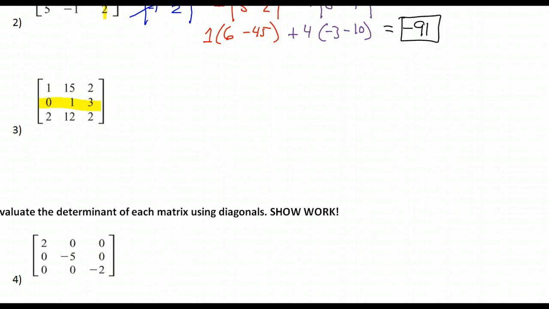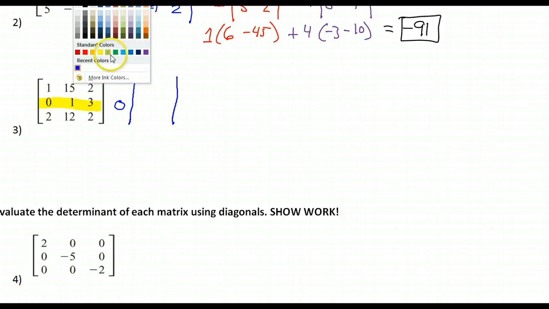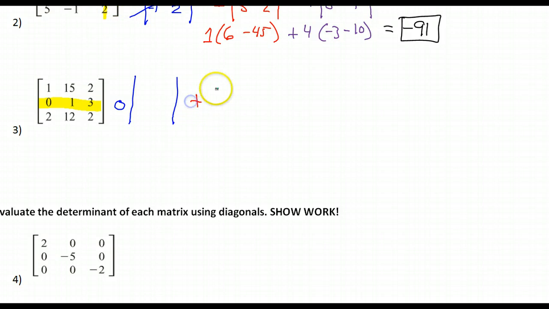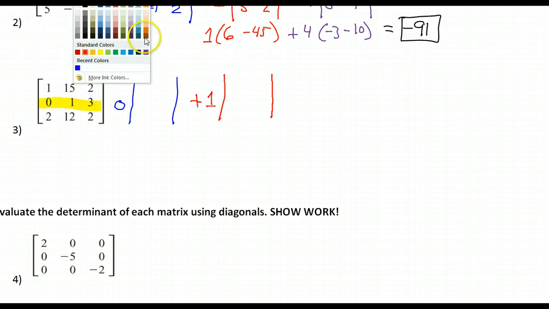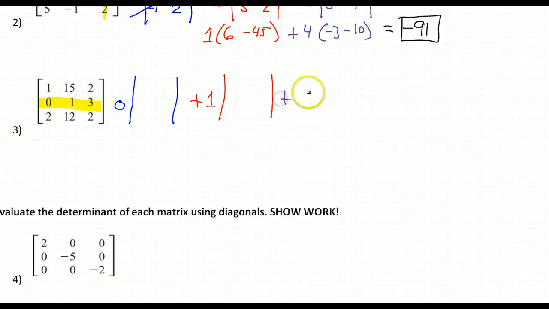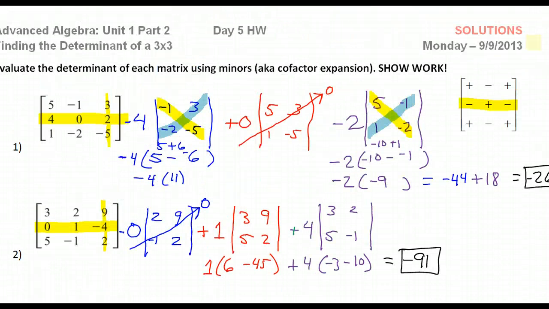Alrighty then, so as I've done twice now before, I'm going to do the 0 with a determinant, and then I'm going to do the 1 with a determinant, and then I will do a 3 with a determinant. Now remember the signs, it should be negate, keep, negate according to this pattern right here.